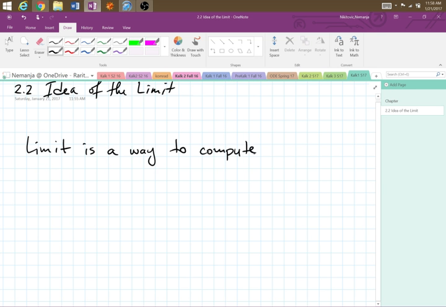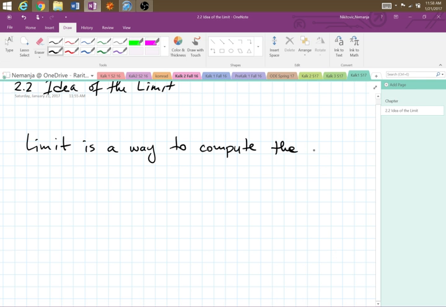Now I said the fancy way, right? Compute the y value of the function. This way of computing function values is far more powerful, more superior than what you know from pre-calculus.